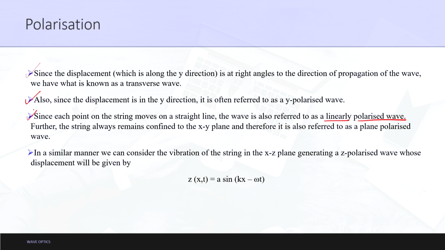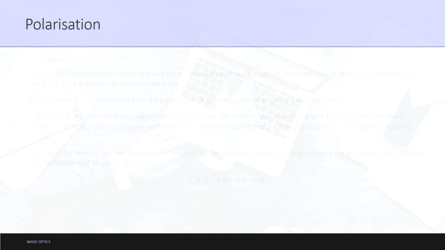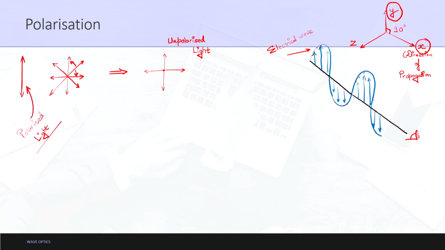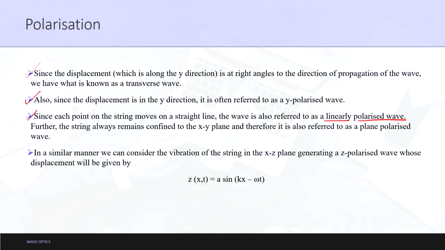So we got four different definitions of a transverse wave, for any wave moving in this direction with the movement being induced in the direction perpendicular to the direction of propagation. Let me revise everything again. Because the direction of propagation was at 90 degrees to the displacement, it was called a transverse wave. Because the displacement is only in the y direction, it is also called a Y polarized wave.